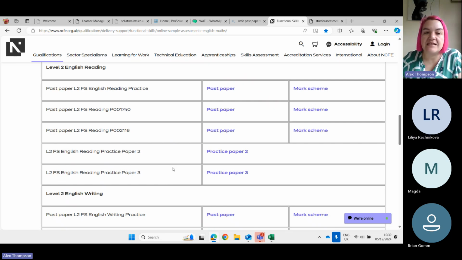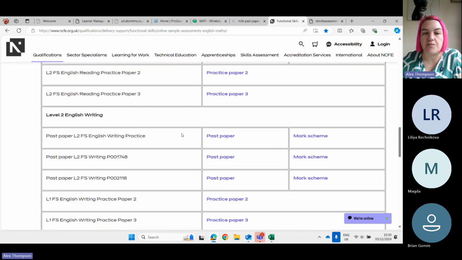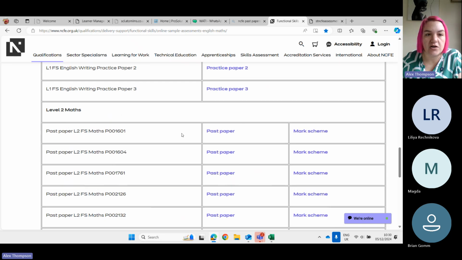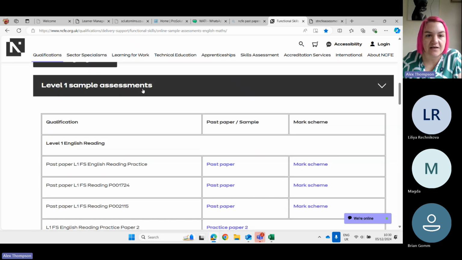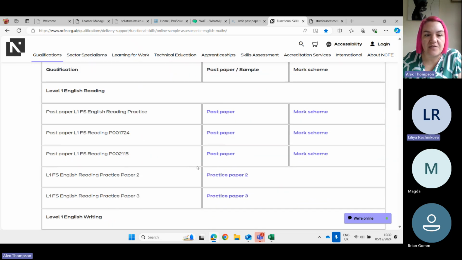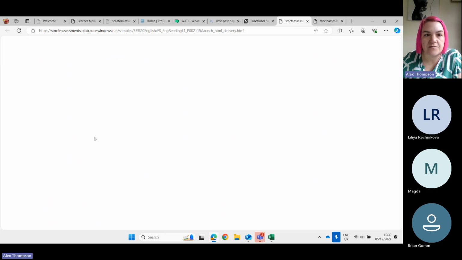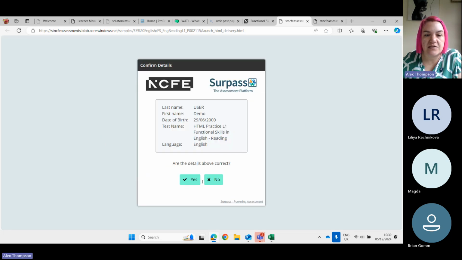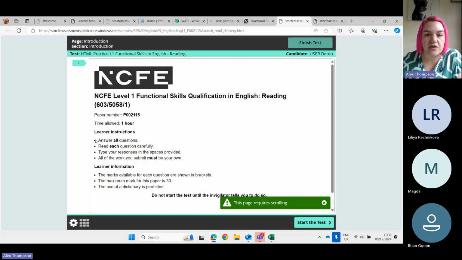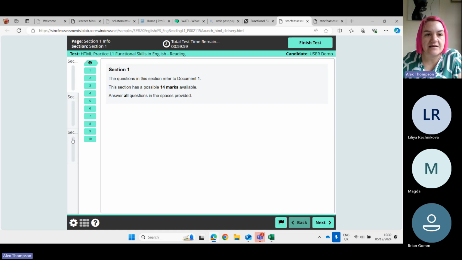Now, the other thing is, these are all on the level 2 papers. On the level 1, let me just see if I can find one, they're not much different. You're just asked to look at shorter documents, or your answers may be shorter.